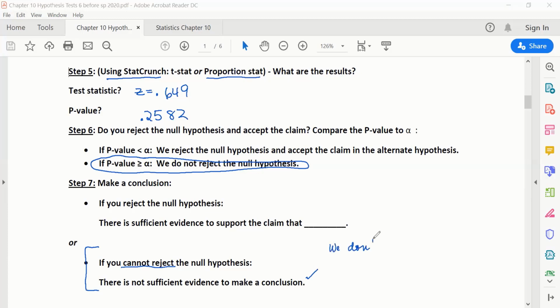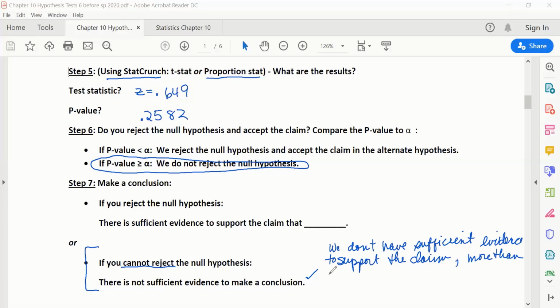We don't have sufficient evidence to support the claim. And in this case, our claim was that more than 1.9% of Lipitor users experience flu-like symptoms.